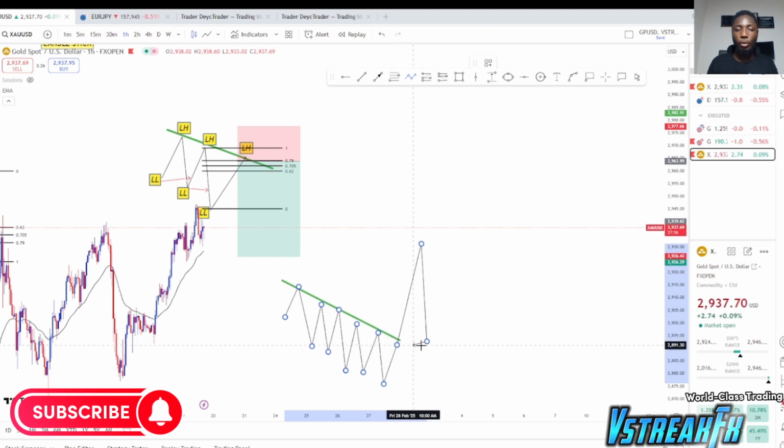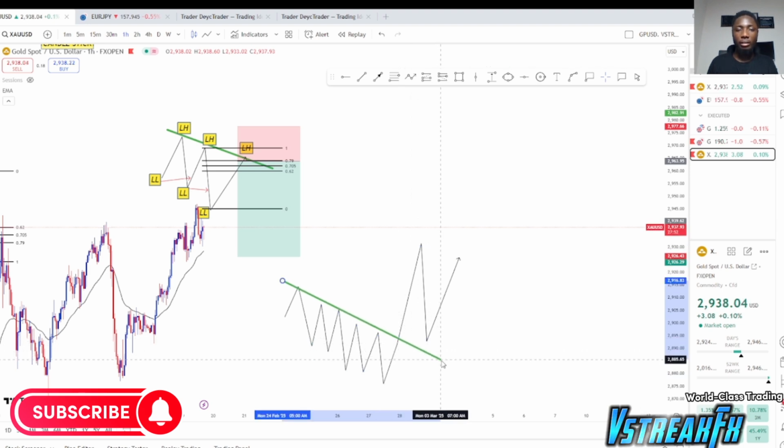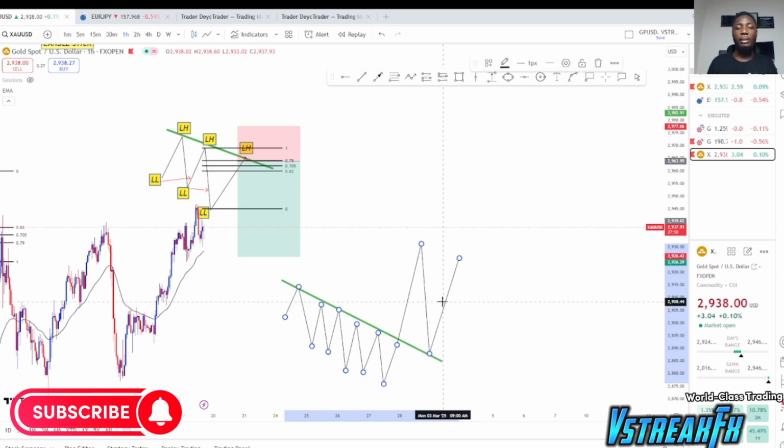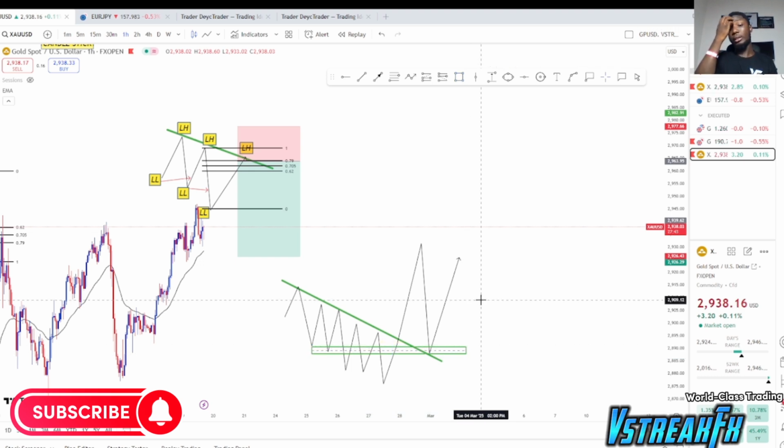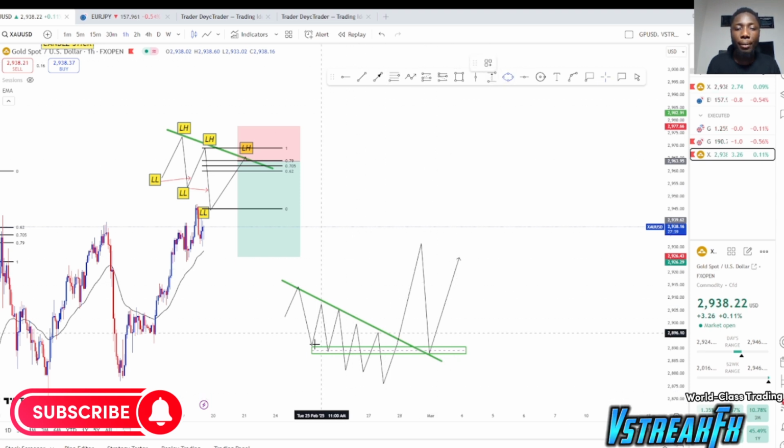You're looking forward to take the trade at the retest of the trend line. The best way to trade it is after a retest of the trend line, there should be a level where price has been reacting so that it can form more of a head and shoulders.